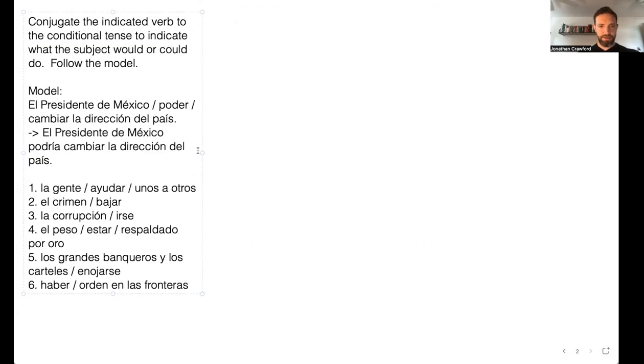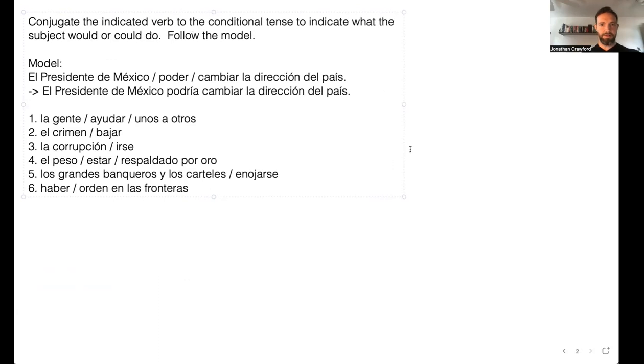There's 6 questions on this one, and we're just going to do 3 of them. All right, so conjugate the indicative verb to the conditional tense to indicate what the subject would or could do. Follow the model. El presidente de México poder cambiar la dirección del país.